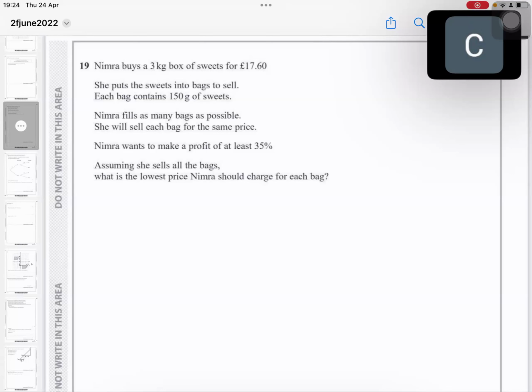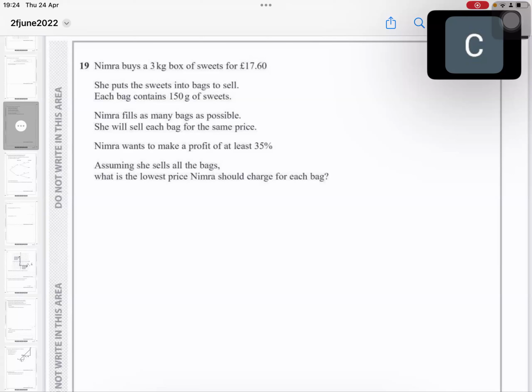Instead of doing it the long way of multiplying 35% by 0.88, then adding it back to 0.88, let's simply say 100 plus 35, that's 135% of 0.88. Can you do that on your calculator? 135 divided by 100, that's 1.35 times 0.88.